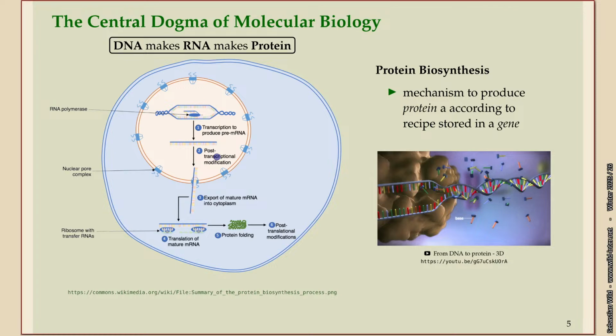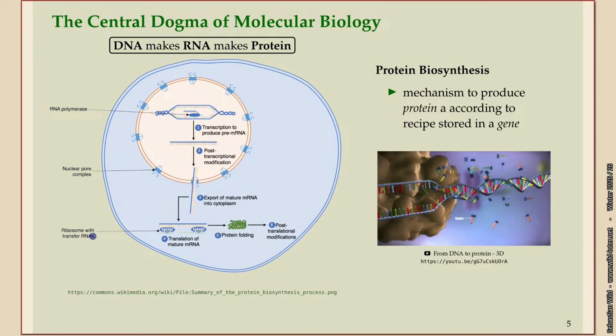We'll come back to that a little bit, but we will ignore much of the complications there. So essentially the copy is still a bit modified. There's some pieces cut out. Once this is done, this mRNA exits the nucleus and is then in one of the ribosomes translated into a protein. And that mechanism is also interesting in its own right.